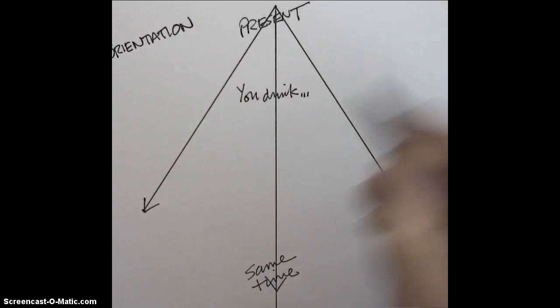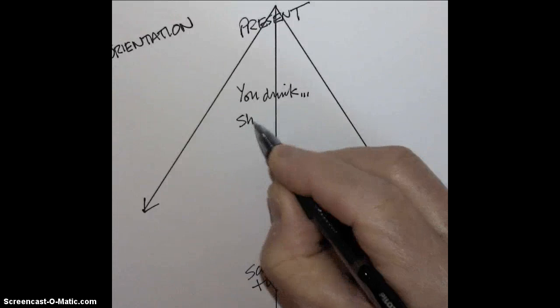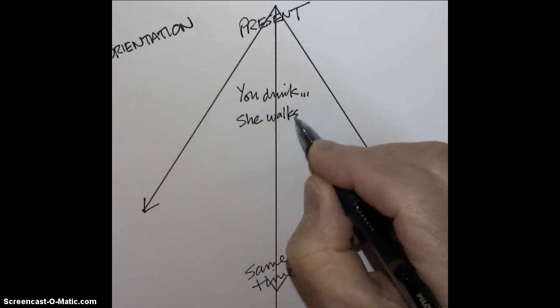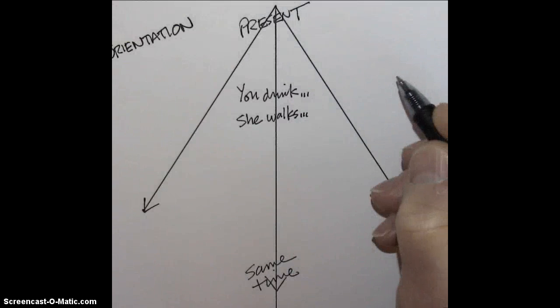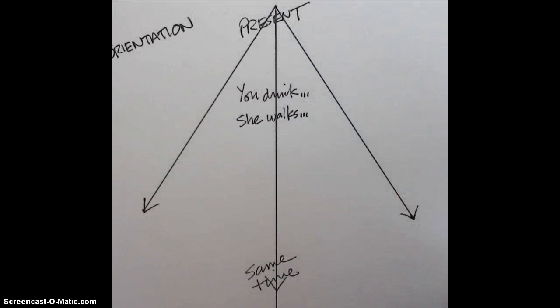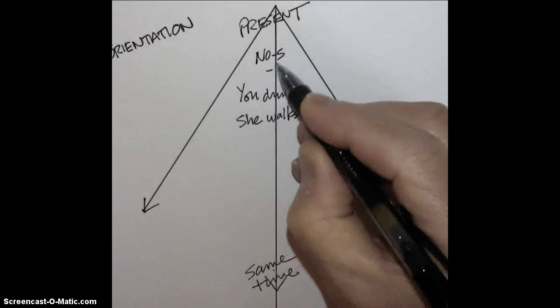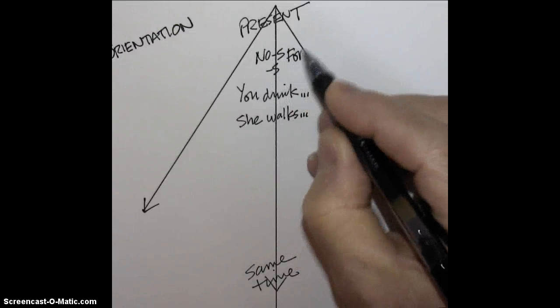Or every day she walks to work. And basically, when we're talking about the same time in the present, we're going to wind up using the no S and S forms.